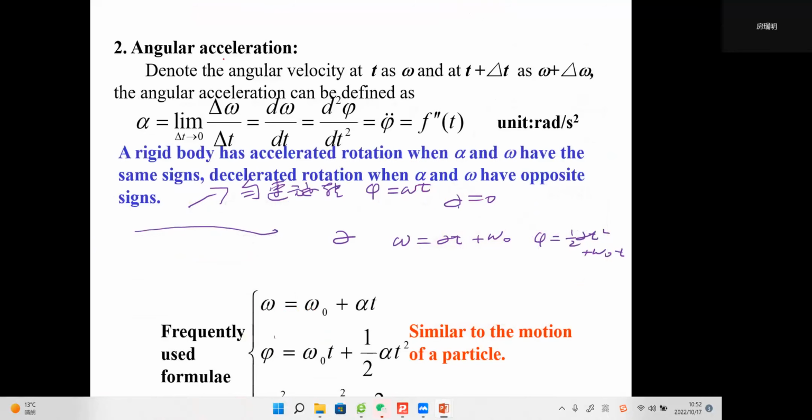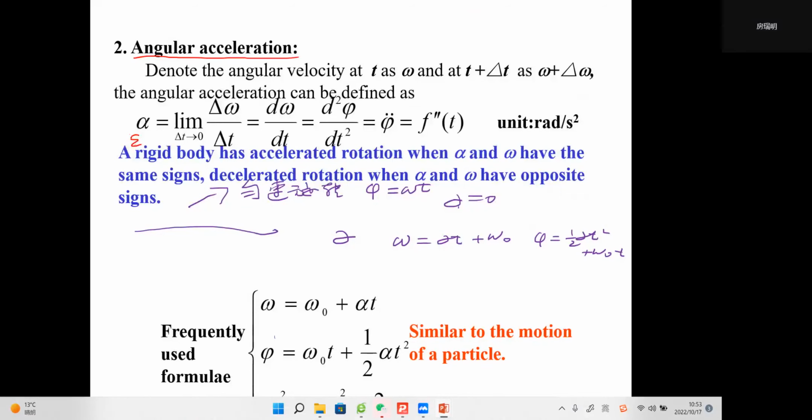And another is angular acceleration. Angular acceleration denotes the change of angular velocity between omega at t and at t plus delta t. So we have this expression. This alpha, in my time long ago, we also used epsilon, another Greek letter to denote angular acceleration.